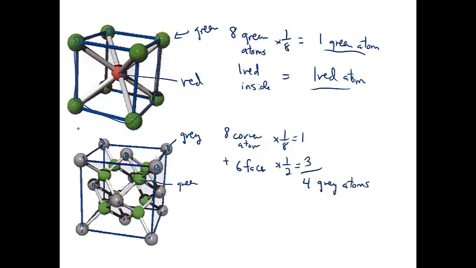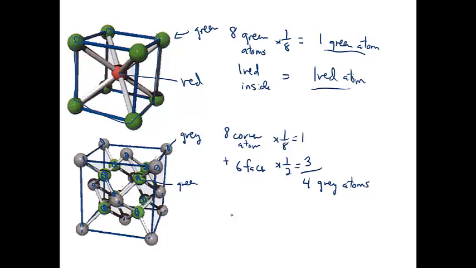Now if we look at the green ones, it's a little hard to tell. One of the talents you have to get better at is kind of looking at these pictures three-dimensionally. If you look at the way the bonds go, these green ones are inside, and so there's 4 of them here, here, here, and here, and there's 4 of them here, here, here, and here.